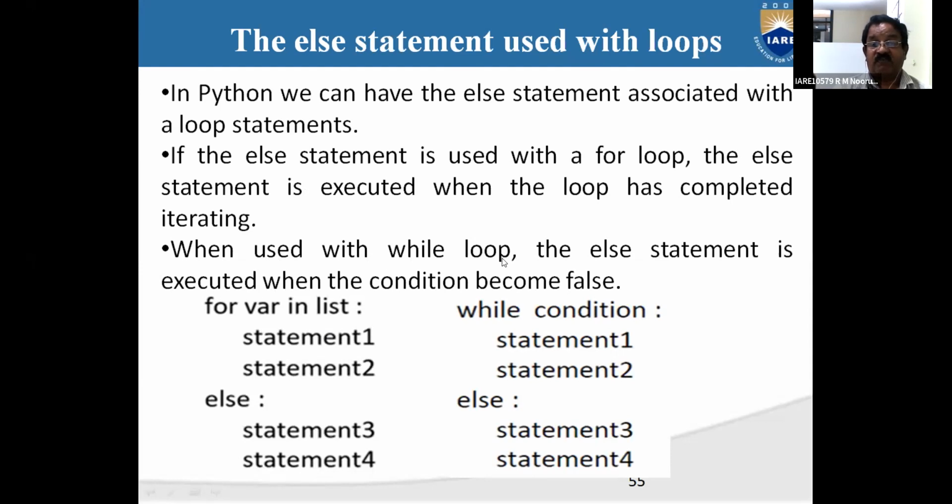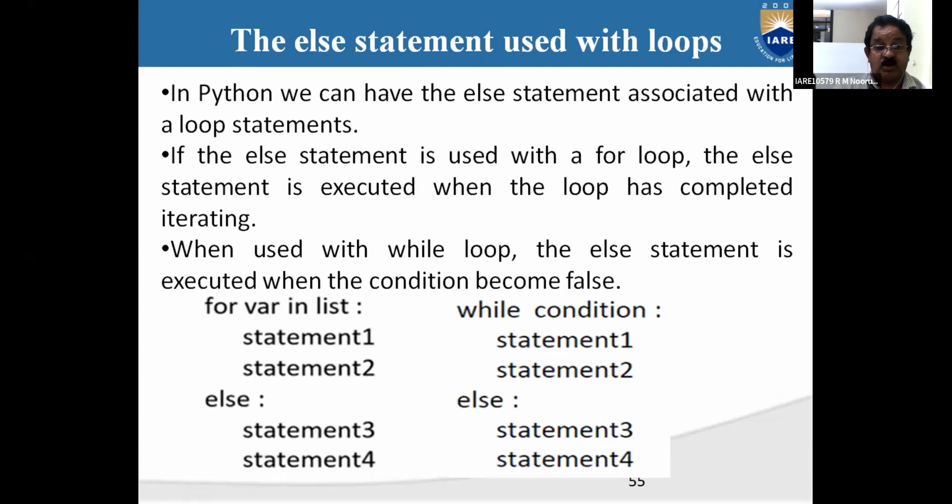When used with a while loop, the else is executed when the condition becomes false. If you are using a break statement in both cases, for and while, it will not enter into the else part and will not execute the else block. The loops are terminated because you have made use of the break statement.